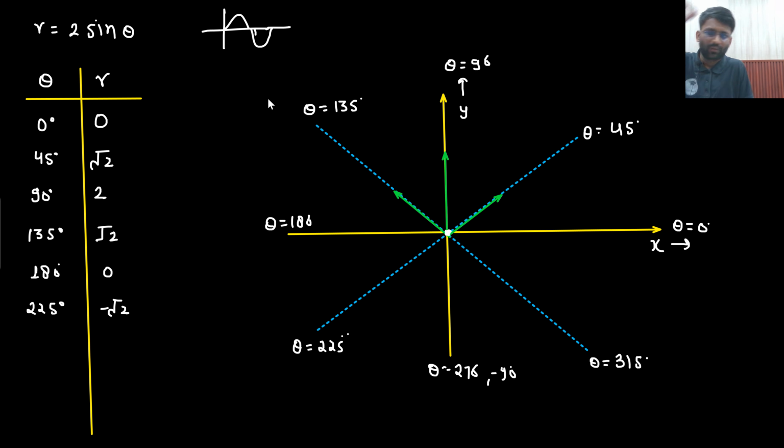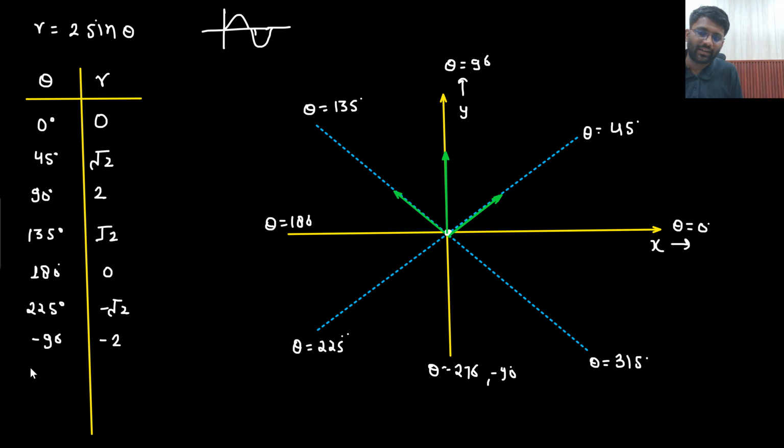You can see the values from here. So you move root 2 in the negative direction, and you again reach here. When theta is 270 degrees, or minus 90 degrees, the distance is minus 2, so you move 2 in the negative direction and reach here again.